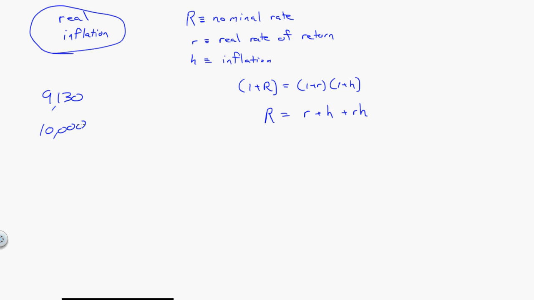And the inflation rate is saying, look, in a year, 10 grand isn't going to buy you the same thing 10 grand will buy you today. So in this $870 profit, you're making $870 in a year. Well, you're not going to get $870 more stuff. So the real rate of return is how much more stuff you're actually getting, and inflation is the decline in your purchasing power.